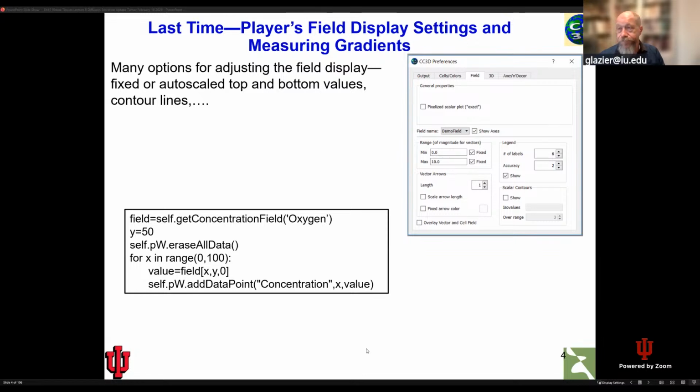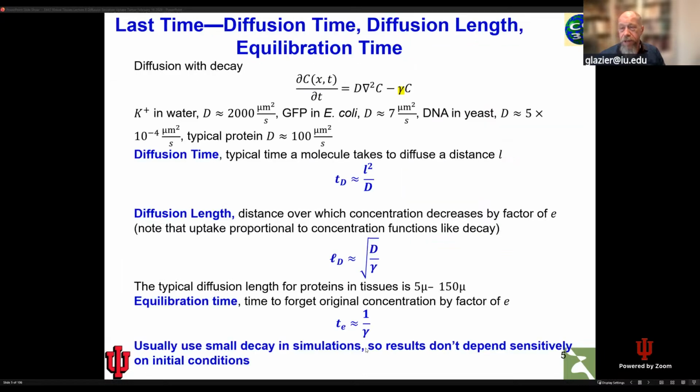All right. So I want to come back to here, starting with the diffusion equation. Here we have diffusion with a diffusion constant, and then a first order decay constant. And it's worth remembering that typical diffusion constants for a small ion like potassium or sodium are 2,000 microns squared per second.